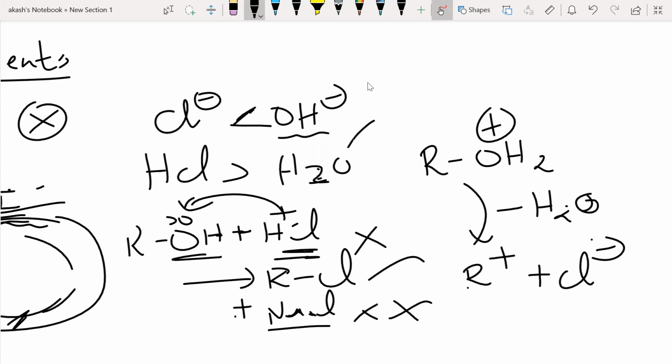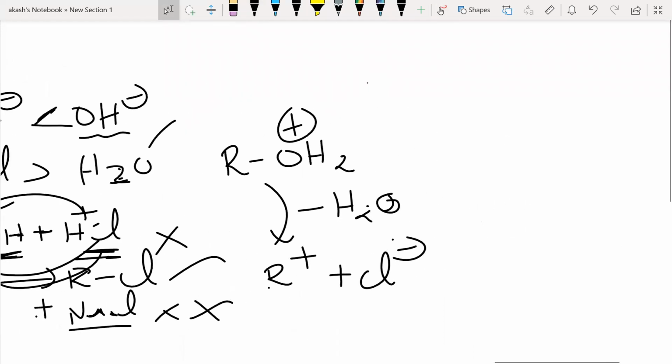So you are trying to convert this OH into a good leaving group, so that Cl minus can come and attack. It is not happening simultaneously, where this comes in and this goes out. First the H plus attacks, I form ROH2 plus, remove the water molecule, get the carbocation, then Cl minus attacks to form RCl. That's the reason.